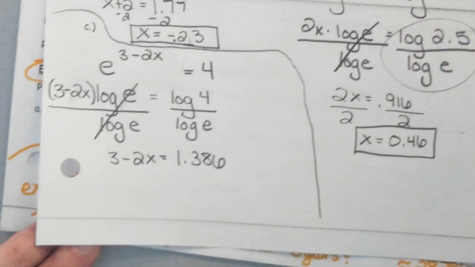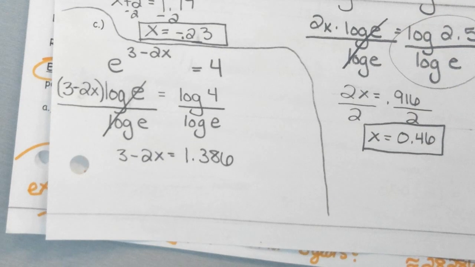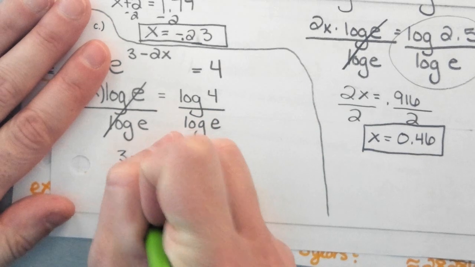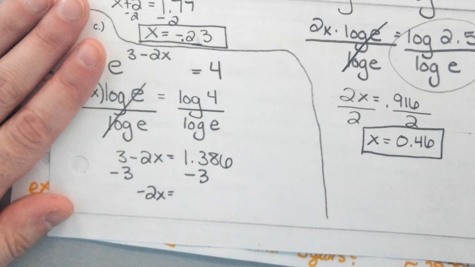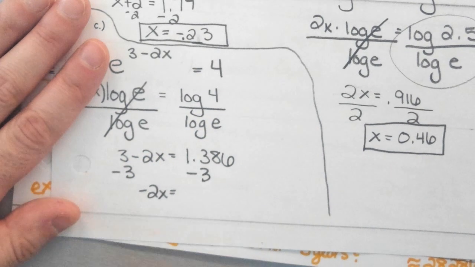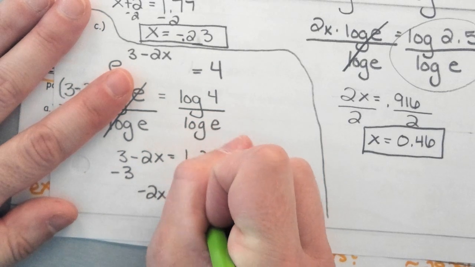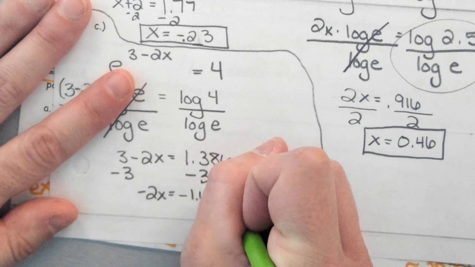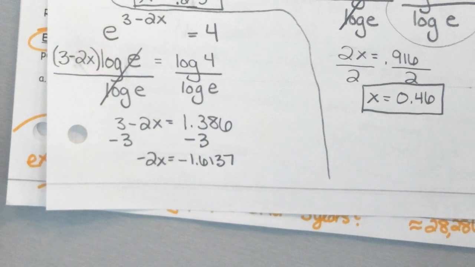Lovely. Well, that's not finished being solved, is it? What do I need to do next? Yep, let's subtract the 3. Negative 2x equals negative 1.6137. I'm putting lots of numbers now. I'm not going to in my final answer.